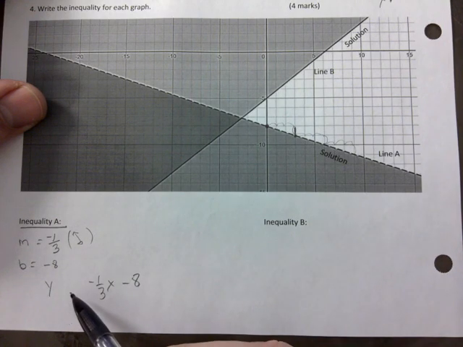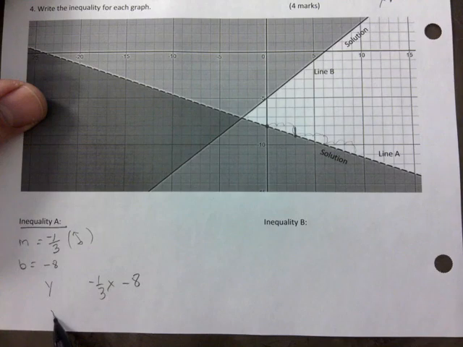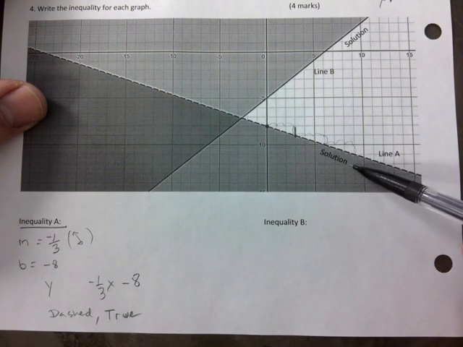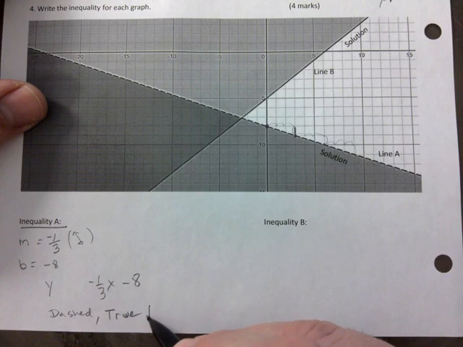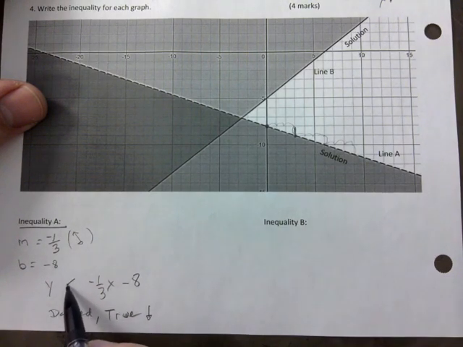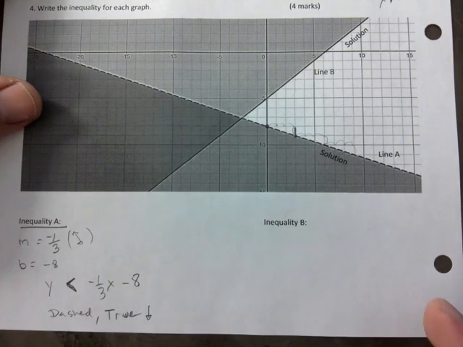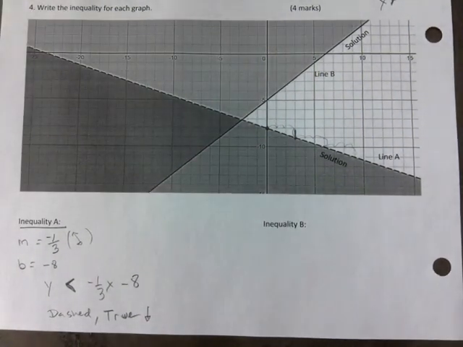And here I have to be careful. I will say that it's dashed. And the true region, if I look at this line, the true region is below the line. So that means that I have to use this symbol here. That would be your inequality for this particular case.